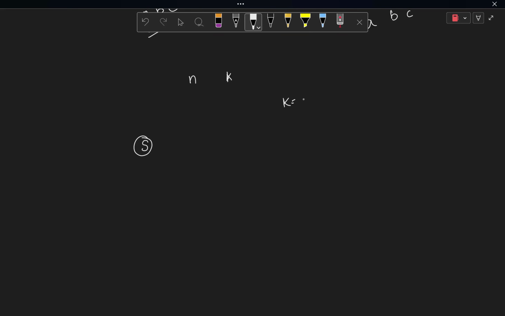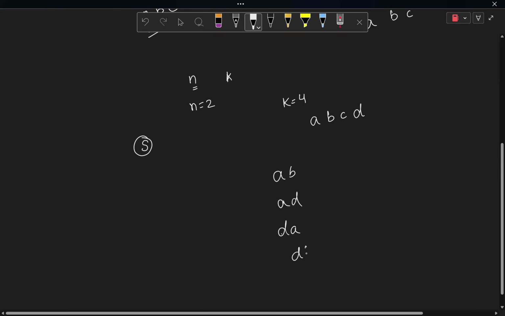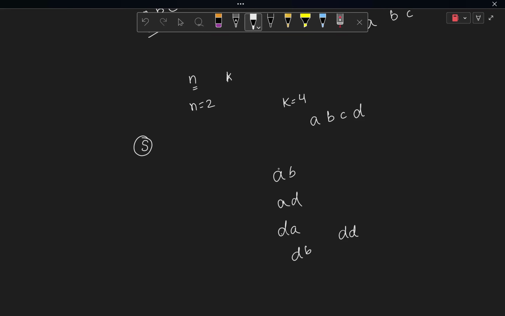Let's say k is 4, then all the strings which can be created from the alphabets a, b, c, and d of length n, if n is 2, so all the strings like AB, AD, DA, DD, DB, all such strings of length 2 having only the first four characters should come up as a subsequence in the string which we output.